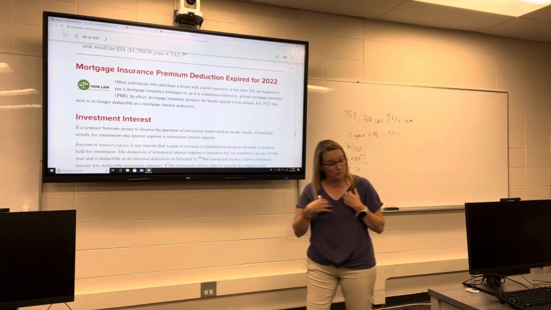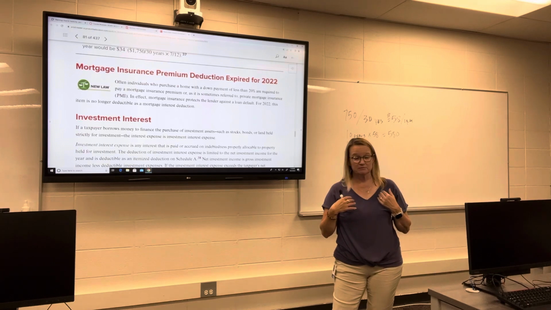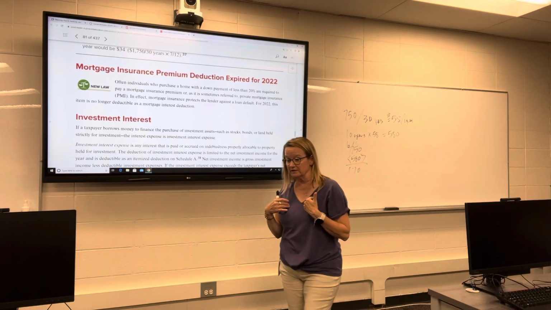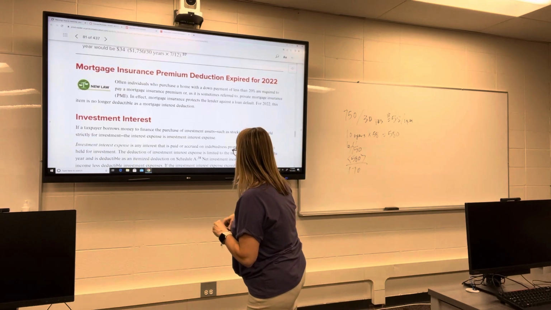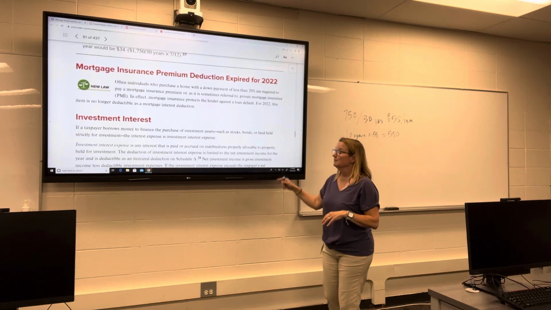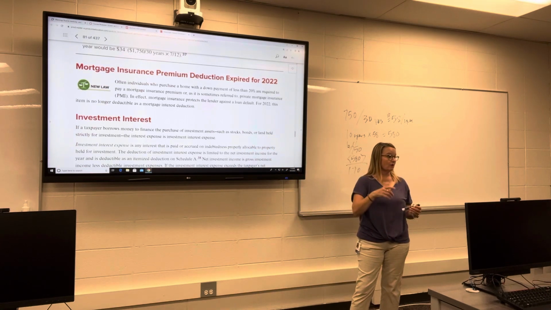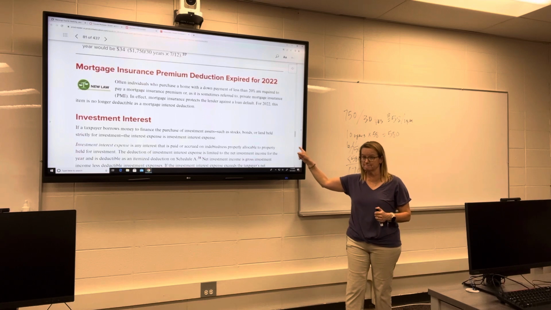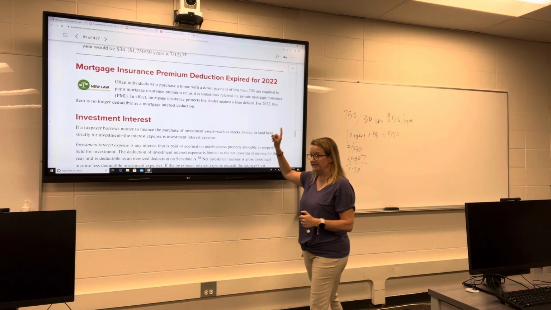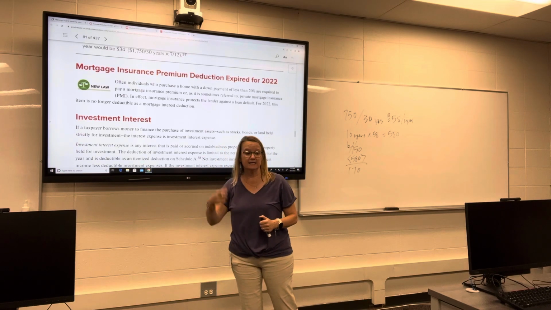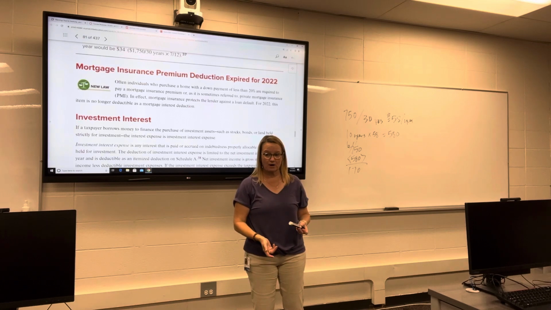But the borrower has to pay that premium, even though they don't get any benefit with regard to payments. They do that when, oftentimes, the loan is more than 80% of the value of the property.